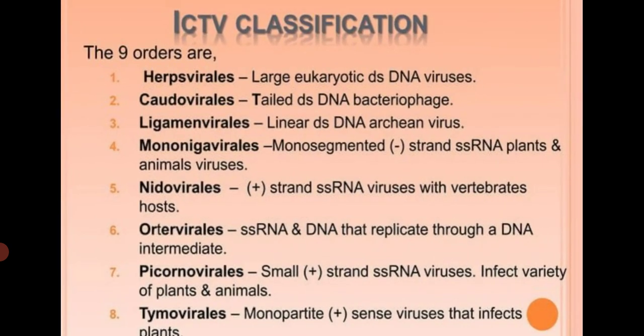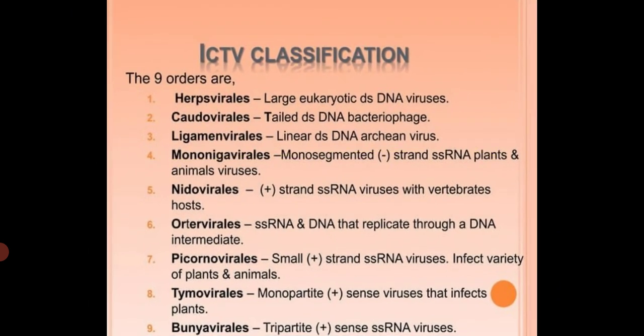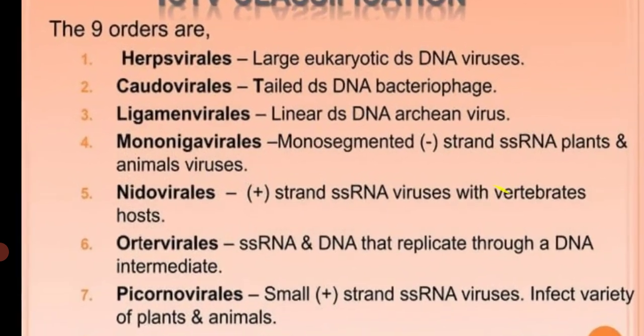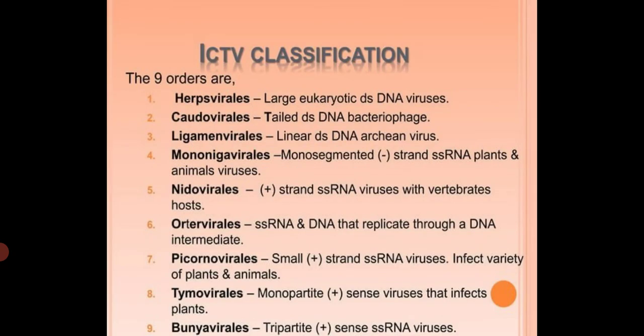The ICTV classification has 9 orders: Herpesvirales, Caudovirales, Ligamenvirales, Mononegavirales, Nidovirales, Ortervirales, Picornavirales and Tymovirales, and the ninth one is Bunyavirales. The first order, Herpesvirales, contains double-stranded DNA viruses which cause infection to eukaryotic organisms.